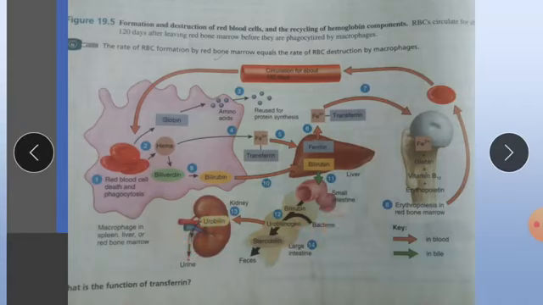Now again, this urobilinogen is converted into stercobilin in the large intestine. That stercobilin is also another yellow pigment, which gives the natural color to our feces, and it is excreted in the form of feces.